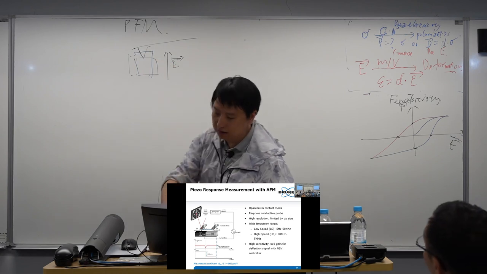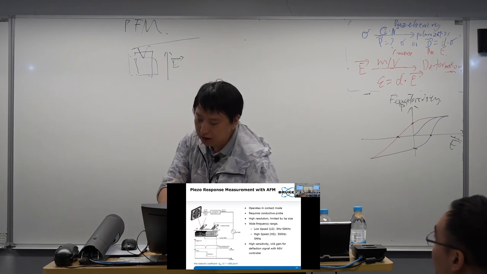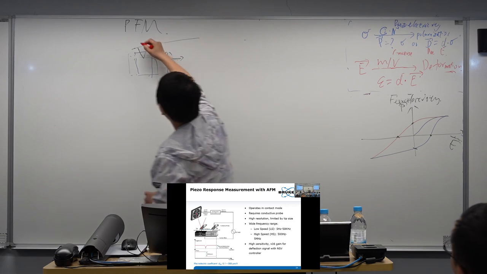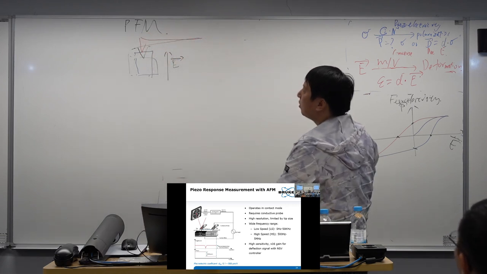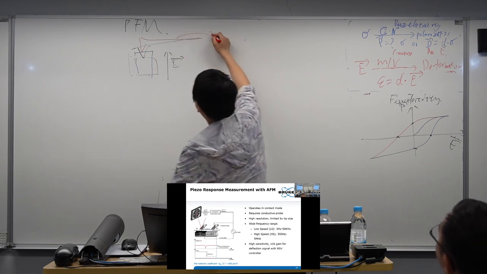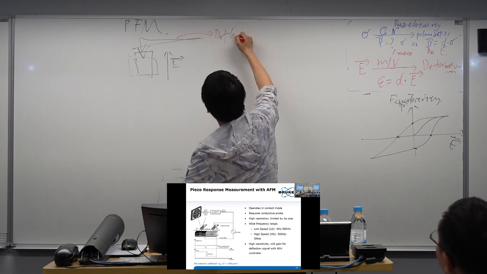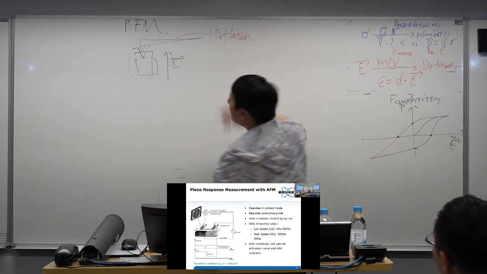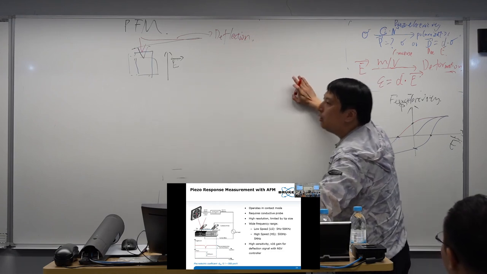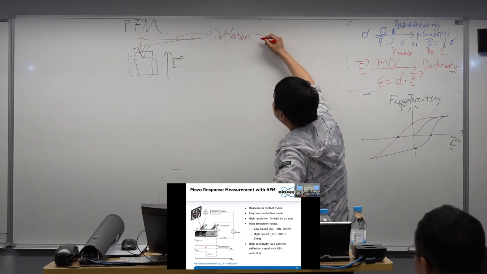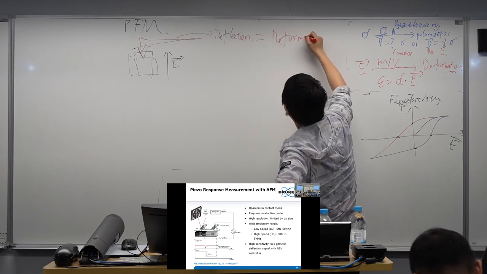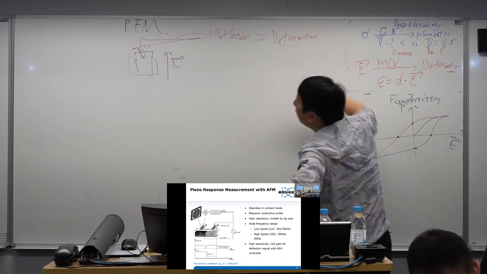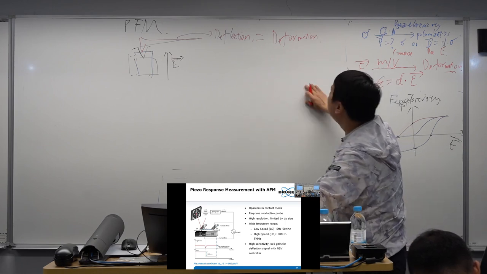Since the probe is parked on it, you can imagine the probe will deform. So there will be a deflection. And this deflection, in principle, should equal the deformation of my sample.